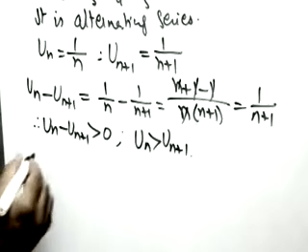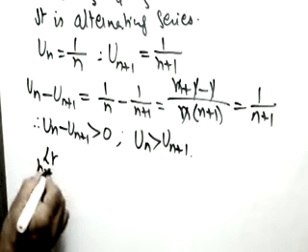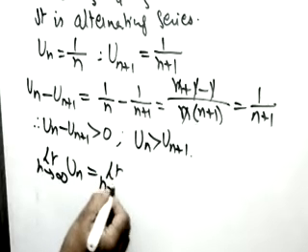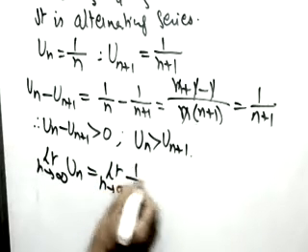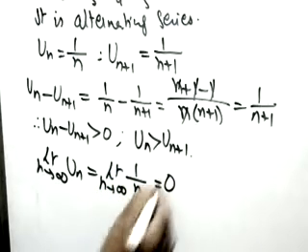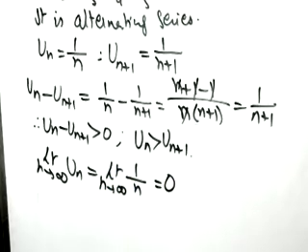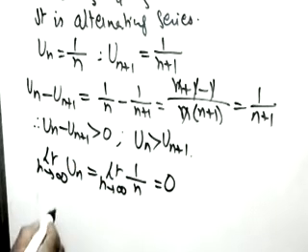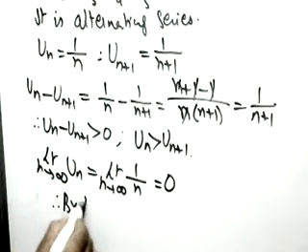The next condition is we have to find the limit. Limit n tends to infinity of un equals limit n tends to infinity of 1 by n. Now if you substitute n here, 1 by infinity is 0. So both conditions are satisfied: un greater than un plus 1 and the limit value is 0.